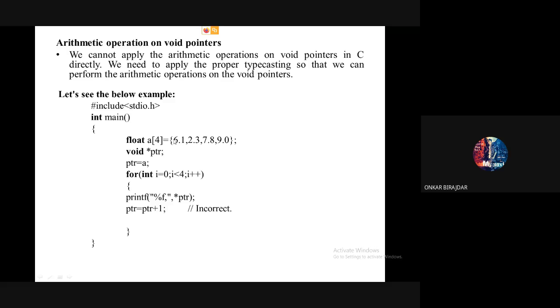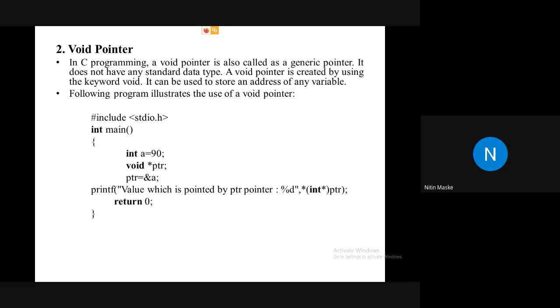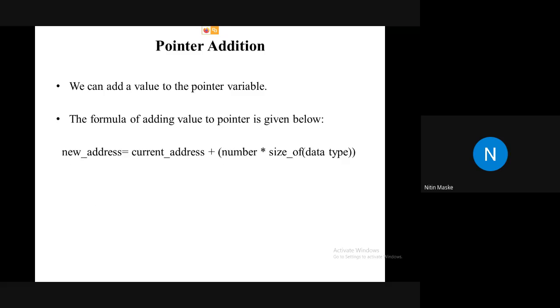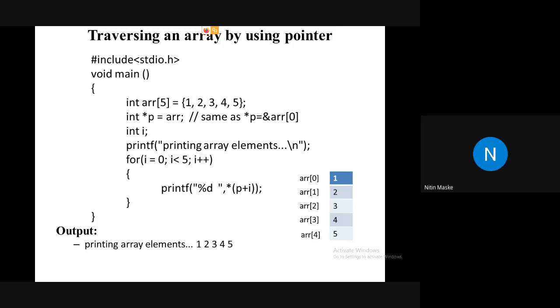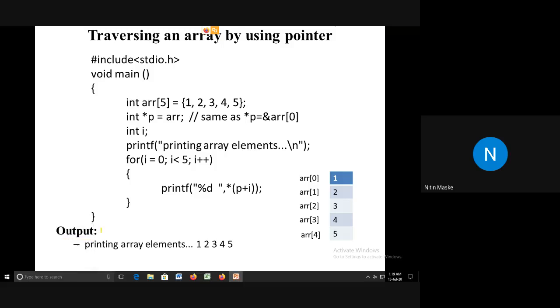You have not understood the meaning yet. Look here, I will tell you once again. See this program, what did I write in the second statement? int star p is equal to array. Now here also I have not written ampersand array. Here also I have written int star p is equal to only the array variable name, array.